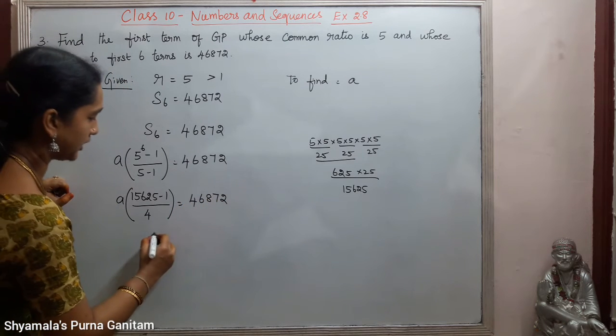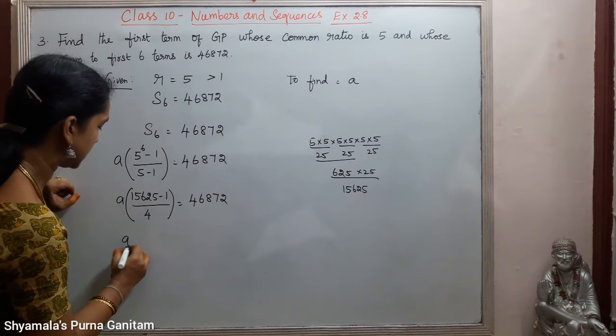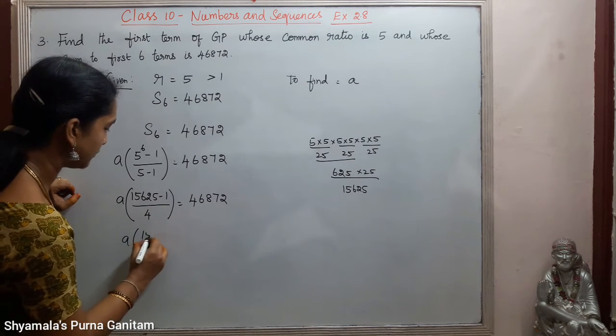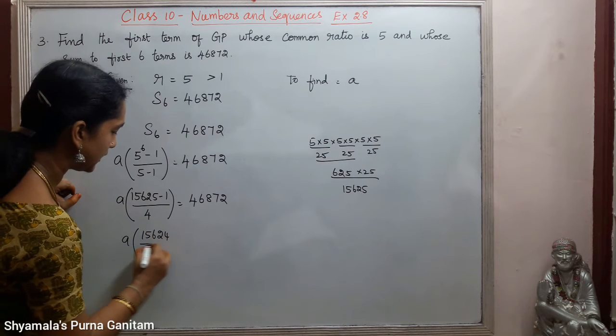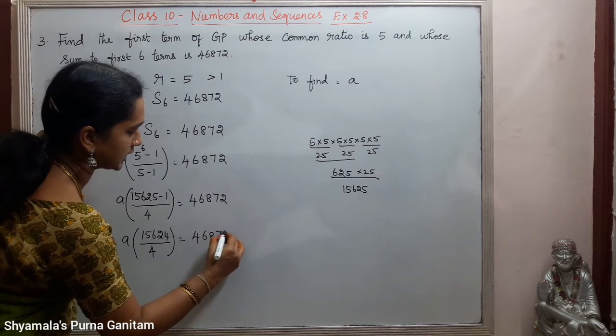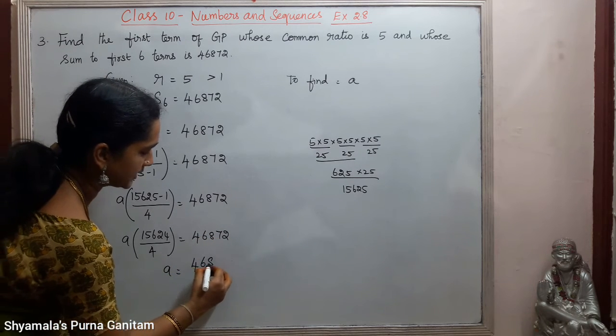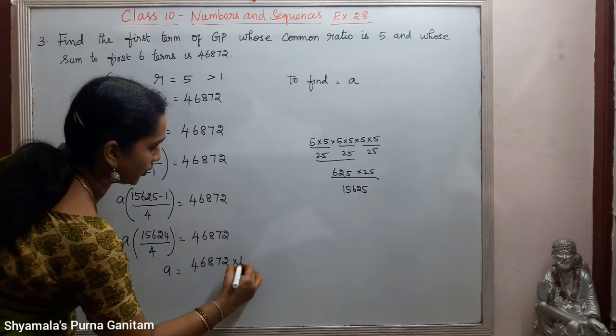Okay. So here, one more step: A into 15624 divided by 4 is equal to 46,872. So A is equal to 46,872 into 4.